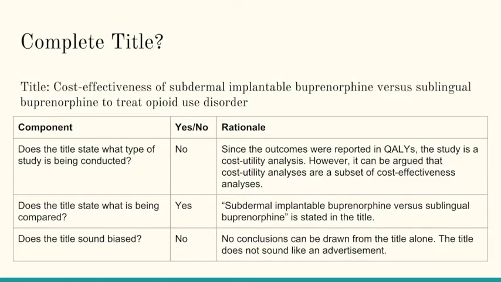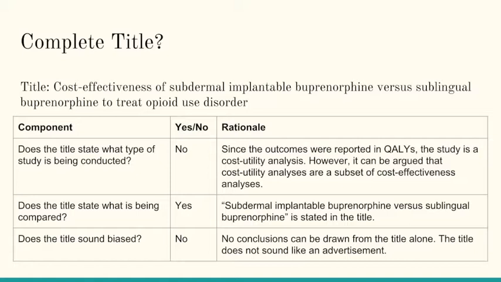Now let's look at the specific parts of the article. The first is title. The title of the study is Cost Effectiveness of Subdermal Implantable Buprenorphine versus Sublingual Buprenorphine to Treat Opioid Use Disorder. There are a few components of the title to note to assess the completeness of the title. The first component is whether the title states the type of study conducted.